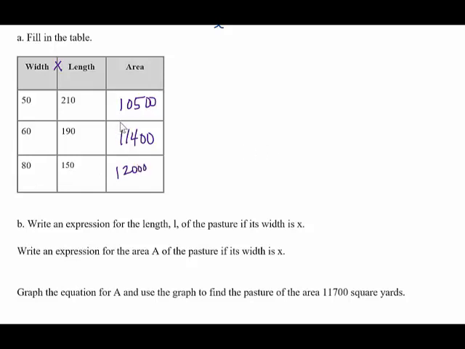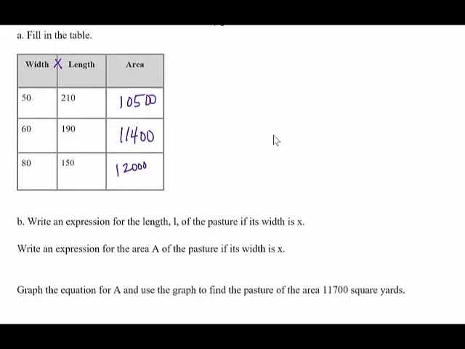Well, let's think about how we could get the length if we only knew the width, recognizing that there's 310 yards of fencing. So if we add one length plus two widths together, L plus 2W, we should get a total of 310 yards.